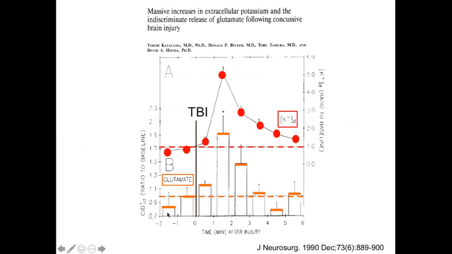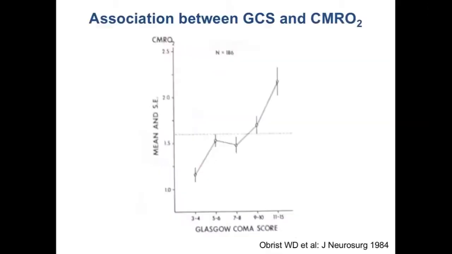And at the same time, there's a massive release in glutamate, right minutes after the TBI. In order to restore ionic gradients, the brain needs to put back the potassium within the cells. And this process requires a lot of energy. Glucose metabolism is a key at the very beginning to produce this energy.